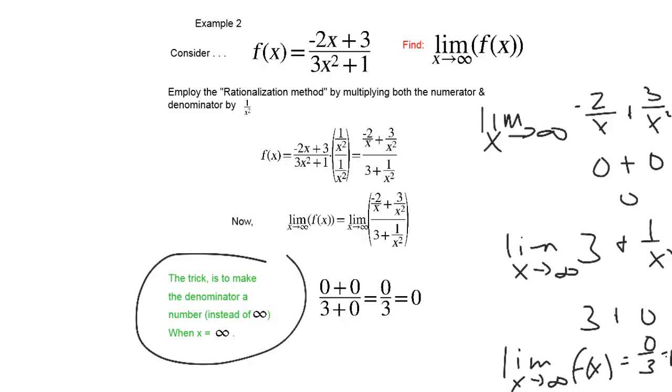It's because if I choose 1 over x squared to multiply both the numerator and the denominator by, it's going to turn my denominator into a number. In this case, my denominator became 3 instead of turning it into something times infinity or something times 0. So that's why I chose x squared.